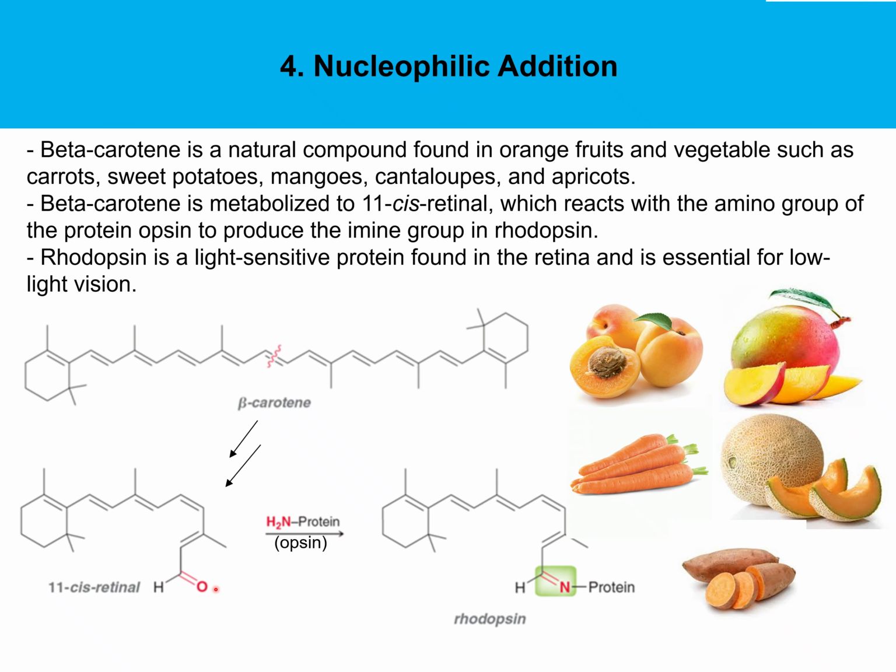This aldehyde will react with the amino group of a protein called opsin to form an imine bond, similar to the reactions we learned in this chapter. And rhodopsin, which is the product from this reaction, is a light-sensitive protein found in the retina of our eyes, and is essential for low-light vision.